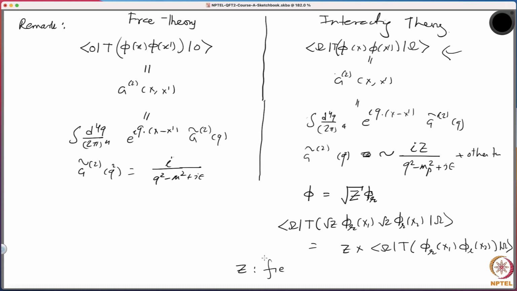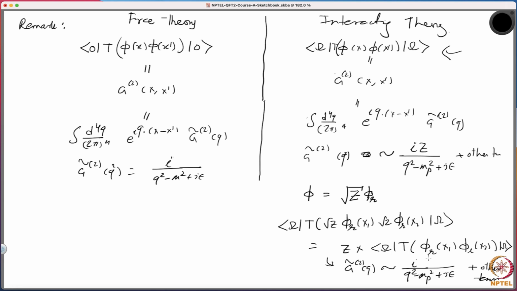So here, let me write first this answer. For this case, if you calculate G tilde 2 of Q, then its leading behavior will be i over Q square minus M physical square plus i epsilon, without a factor of Z, plus other terms.